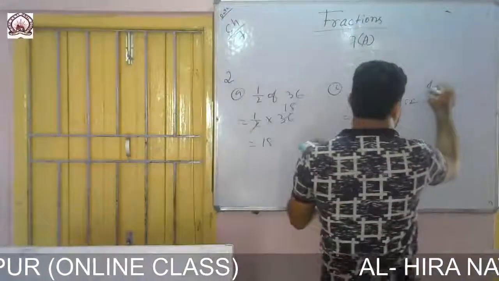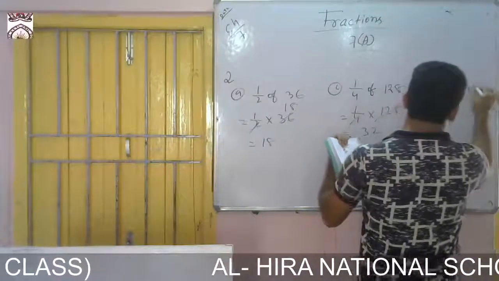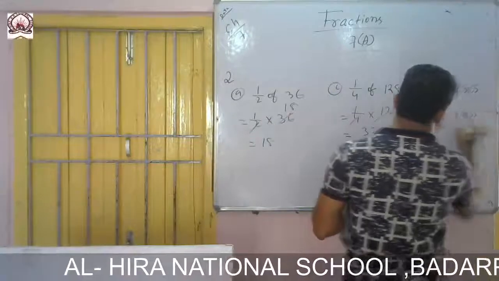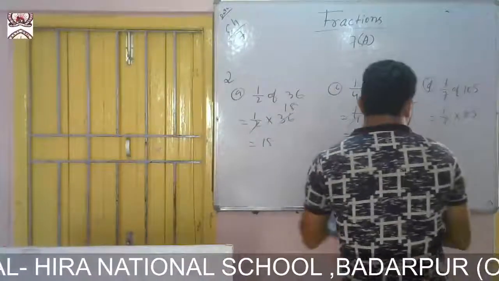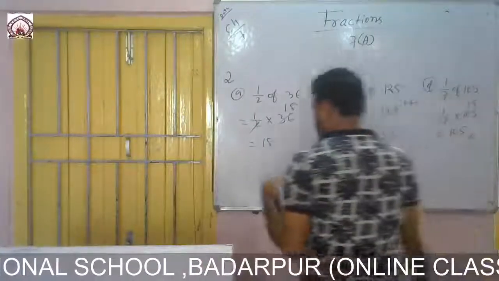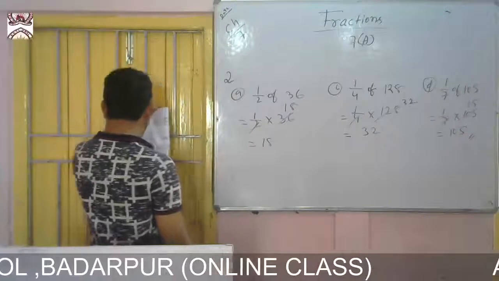Now come to question number D. 1 by 7 of 105. So 1 by 7 into 105. So 7 15s are 105. The answer is 15.